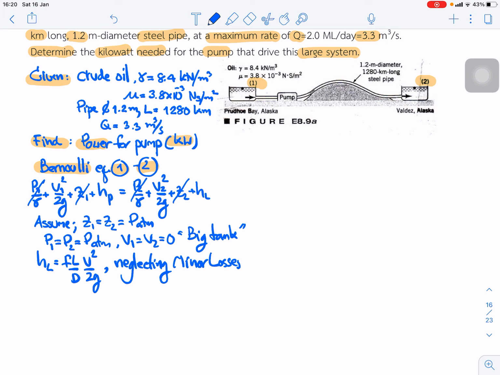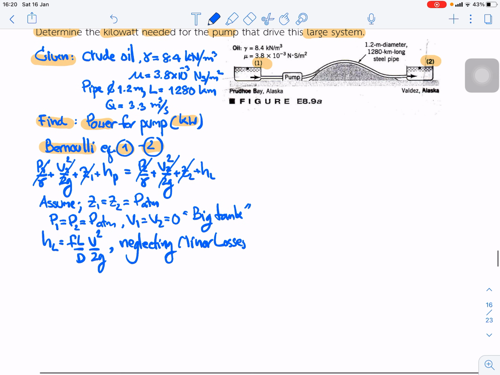We assume V at the tank is close to 0, and the head loss is just the major loss. So from the Bernoulli equation, we can come up with the pump head equal to the head loss.